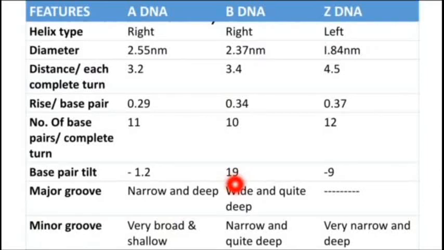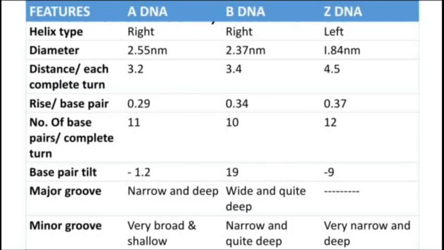The base pair tilt in bDNA is 19 degrees, that of aDNA is minus 1.2 degrees and that of zDNA is minus 9 degrees. bDNA has a wide and quite deep major groove and aDNA has a narrow and deep major groove.